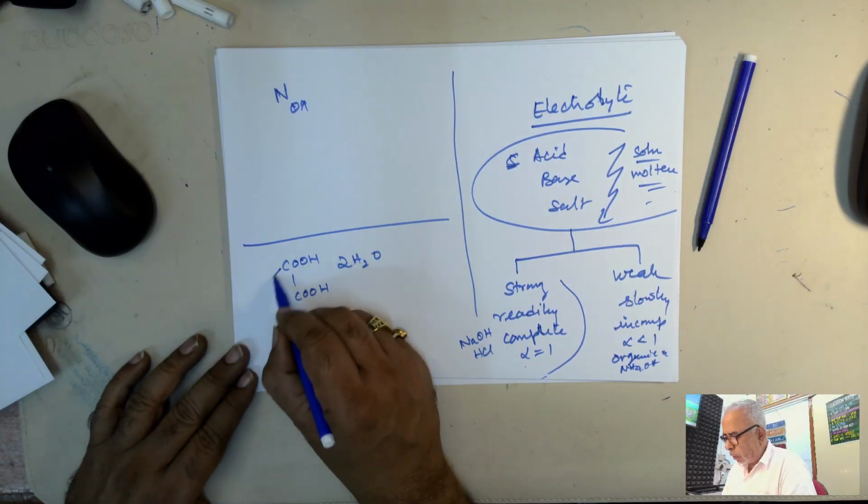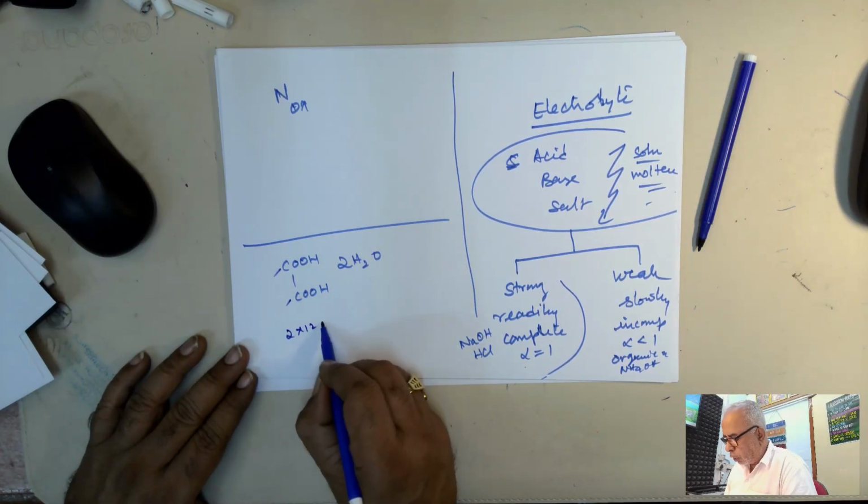See, for C, there are two carbon atoms, so 2 into 12. How much? 24.